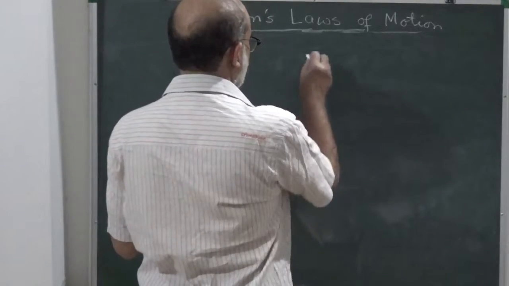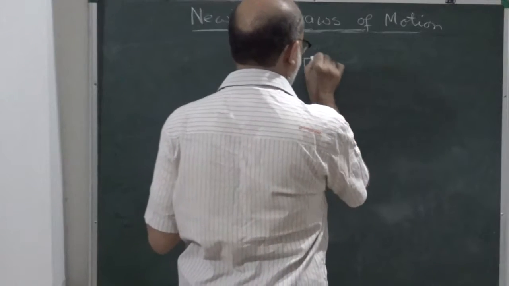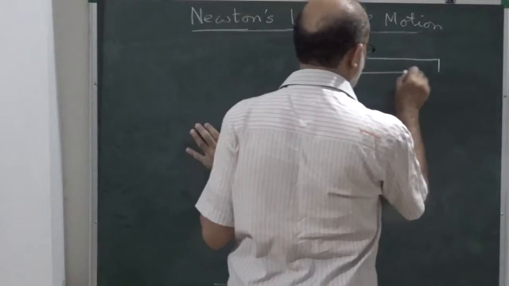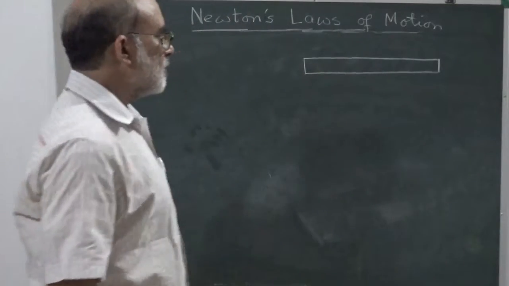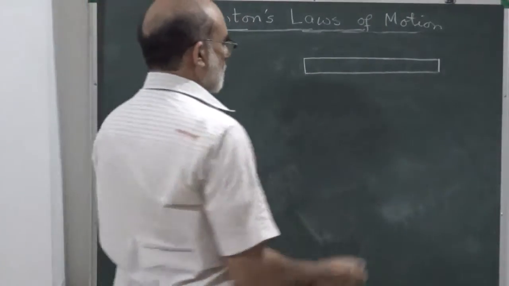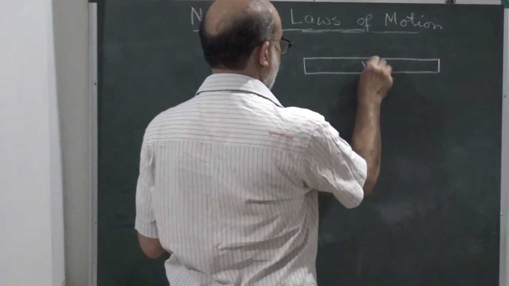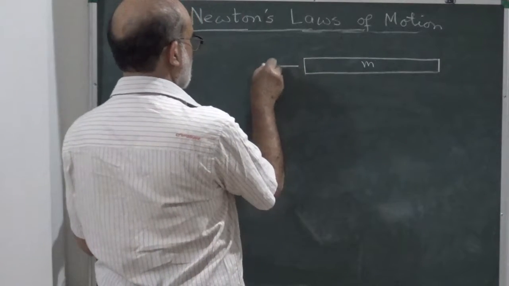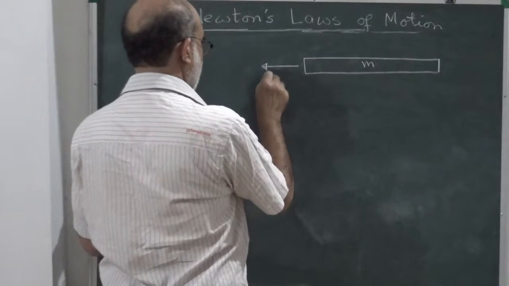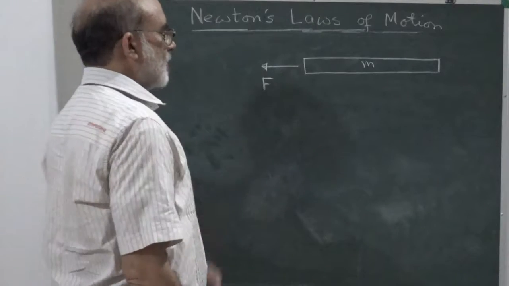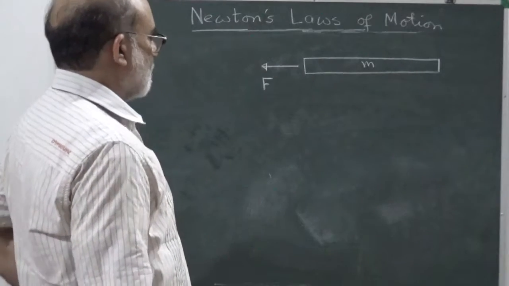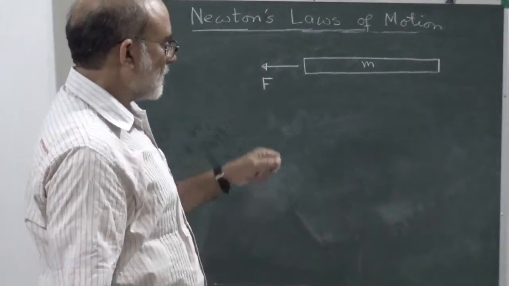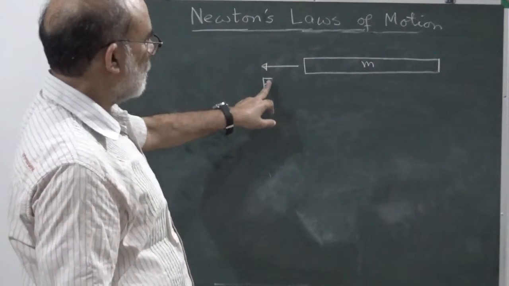So suppose there is a rope here. And the problem is that, suppose the mass of the rope is given as M, and force F is applied here. We want to find the tension in the string at a given distance, suppose at distance x from the end where the force is applied.